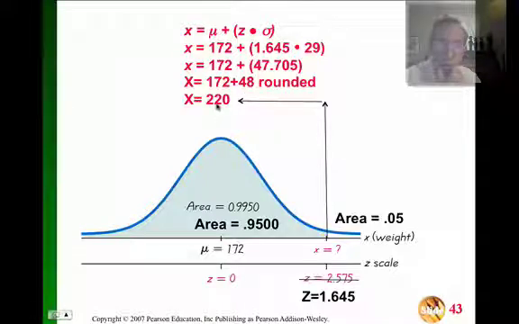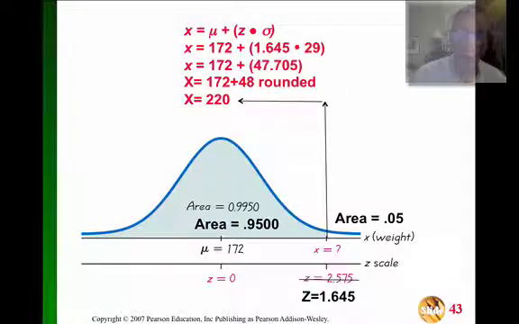So the value of x being 220 will give me 95% likelihood. So it's 95% likely that passengers will weigh less than 220 pounds.